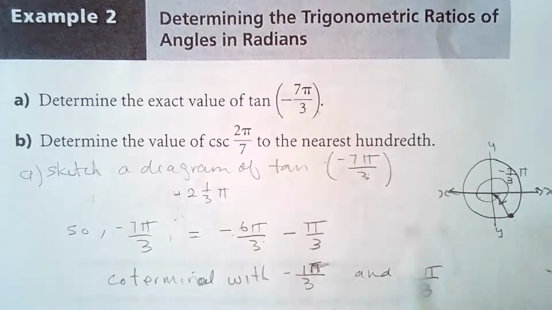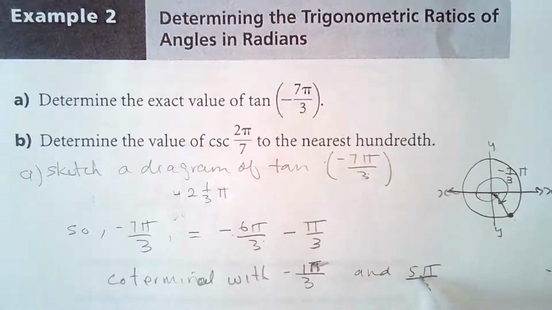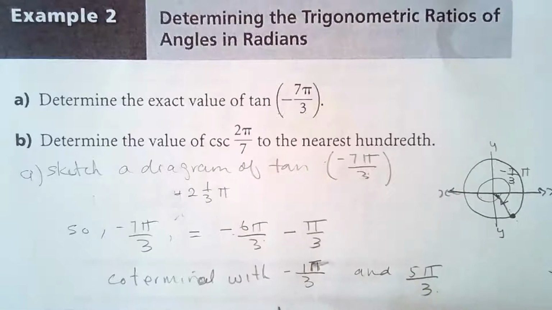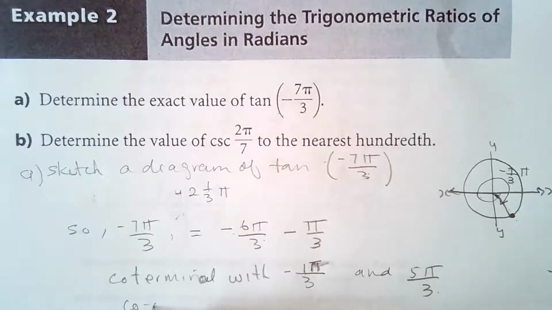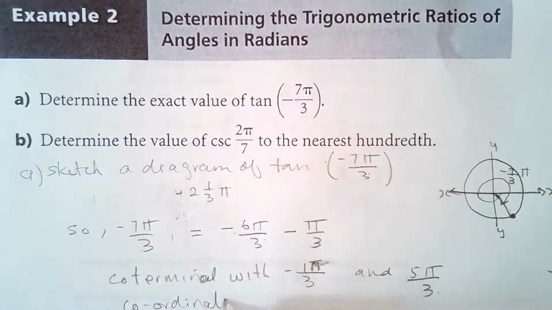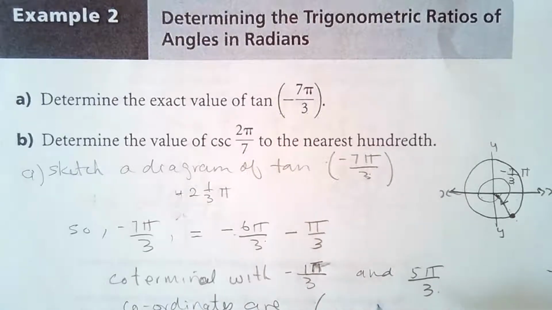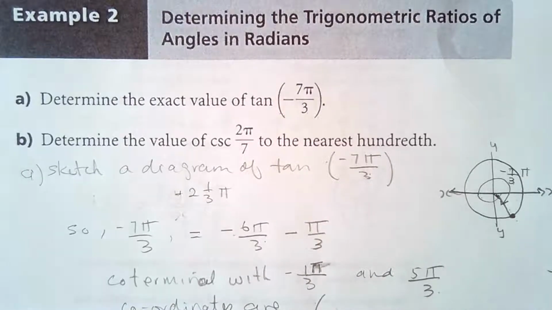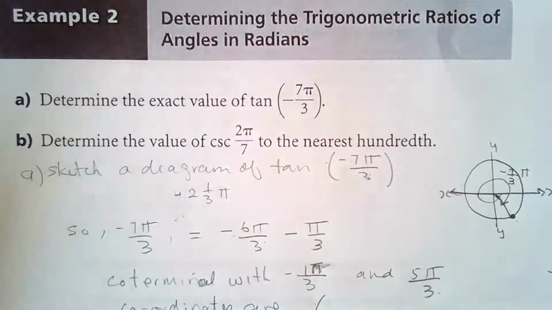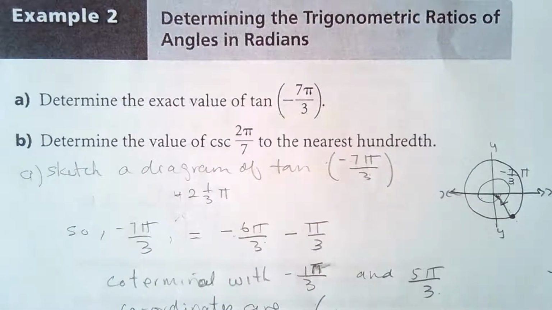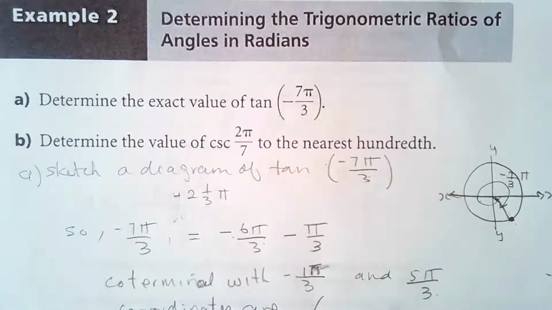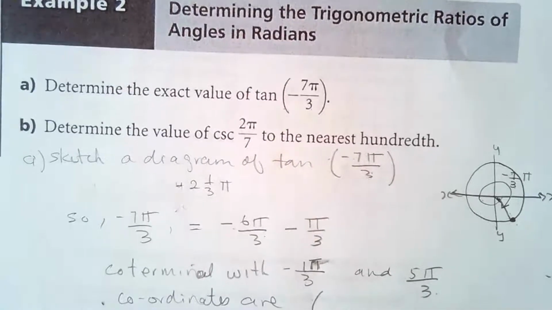So the terminal point of pi over 3 or 5 pi over 3, the coordinates are, now, at this point here, our coordinates would be, in a circle here.